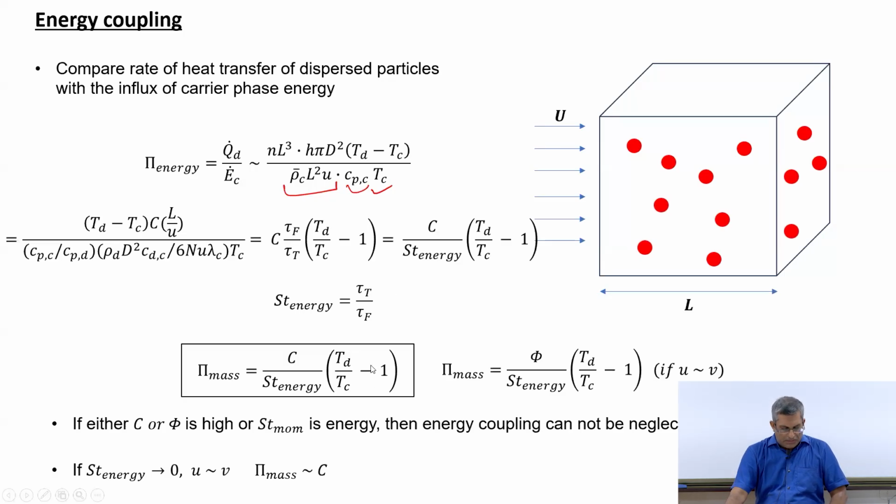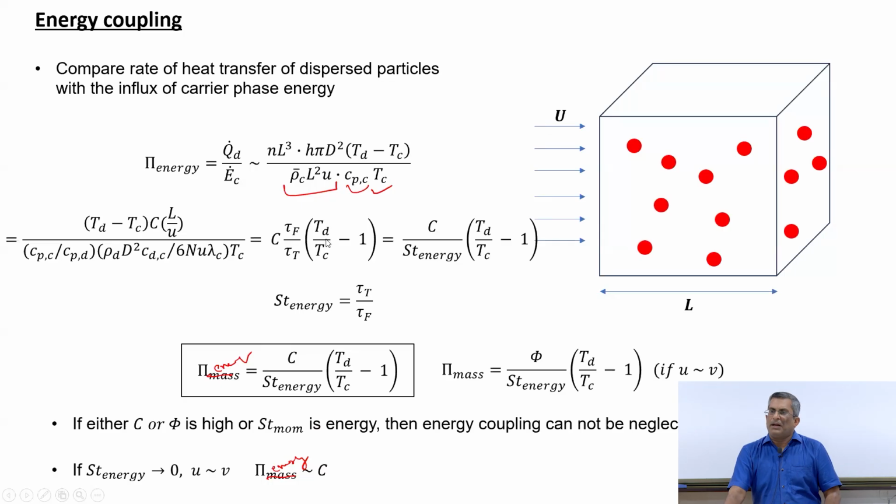Now in this case also we can show that when the Stokes number tends to 0, the energy coupling parameter is nearly equal to the concentration. But as far as you have solid particles, this analysis makes sense.